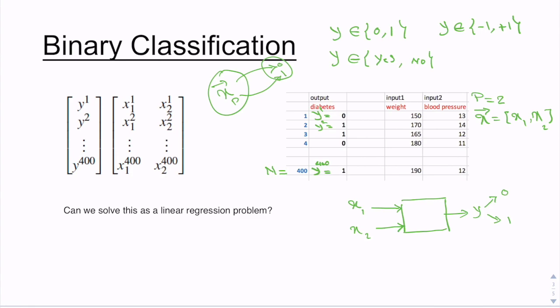For instance, if I use the term x125 2, that means the blood pressure for the patient labeled 125. So distinguish between superscript and subscript. Note that in different literature they use different notation.